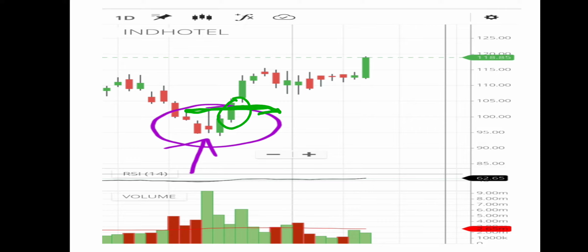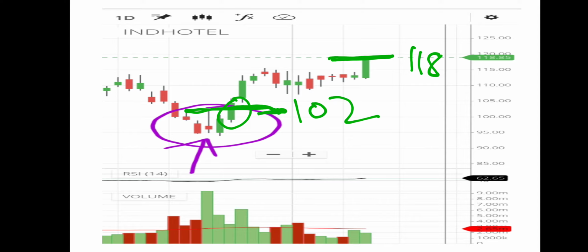This line is formed at the price of 102. When it crosses 102, you can see the price go to 118, and this is a confirmed entry. Then you will enter here.